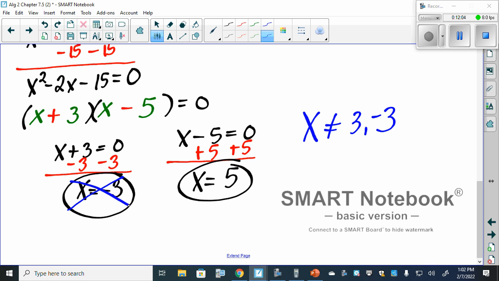So our only solution for this problem is that x is equal to 5. And that's our solution. Any questions on this here? And that's all we have to do for these here. Are you ready for the next one?